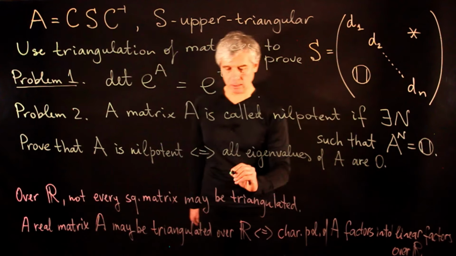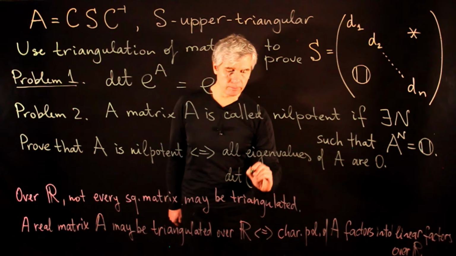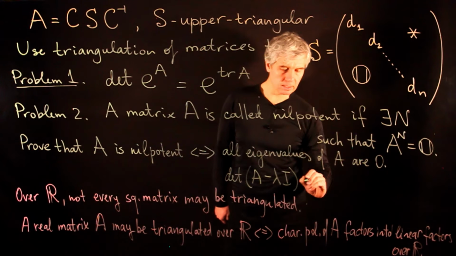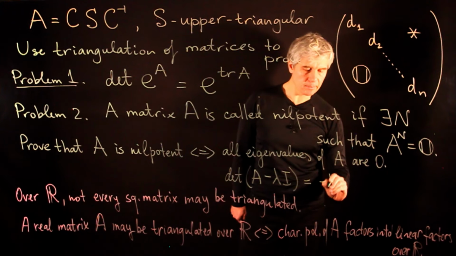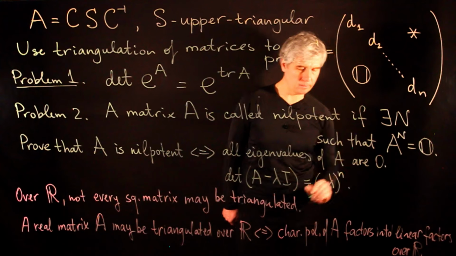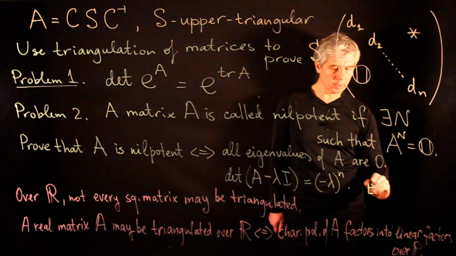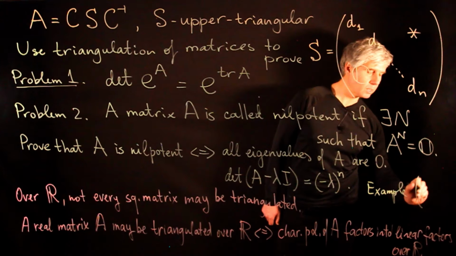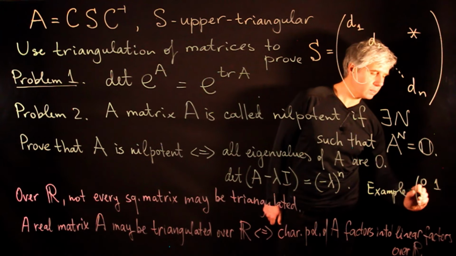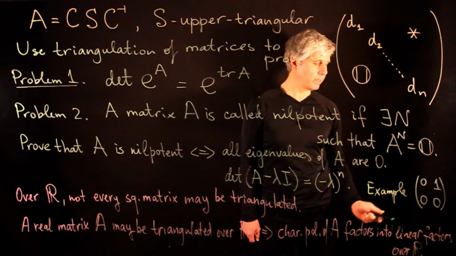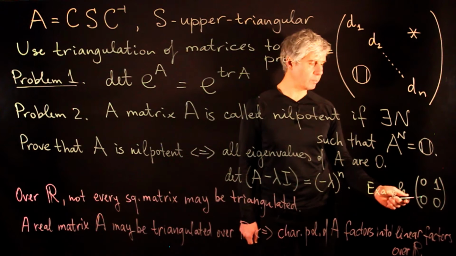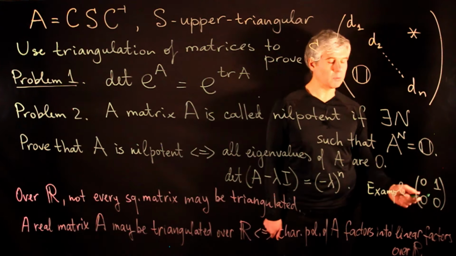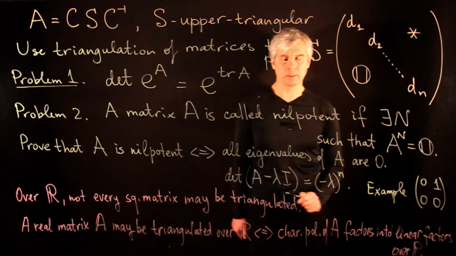So this means that determinant of A minus lambda I is equal to minus lambda to the power n. So an example of a non-zero nilpotent matrix will be 0, 1, 0, 0. The square of this matrix will become a zero matrix, and the characteristic polynomial of this matrix is lambda squared.